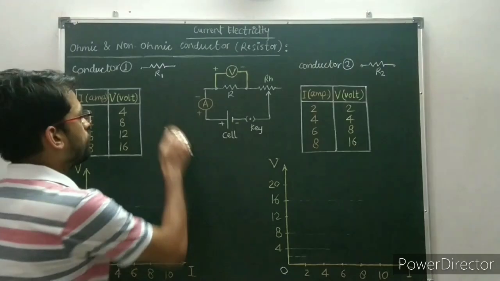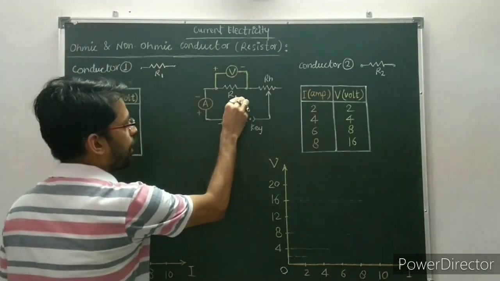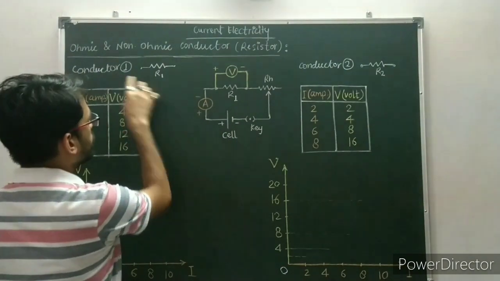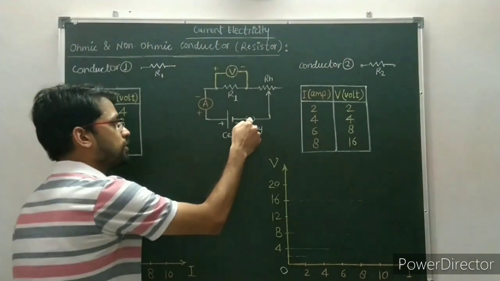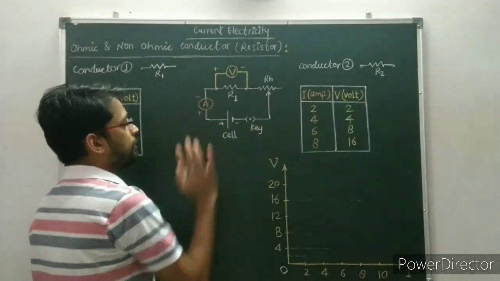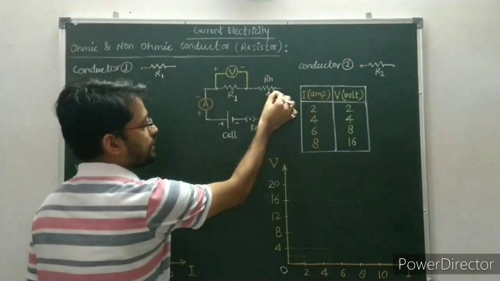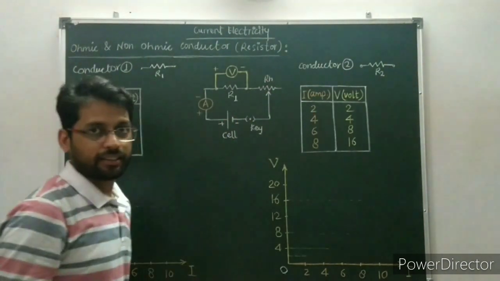When you place the conductor here, the resistance will be R1, because conductor 1 has resistance R1, and switch the circuit on. Then by changing this rheostat, we can change the current in the circuit.